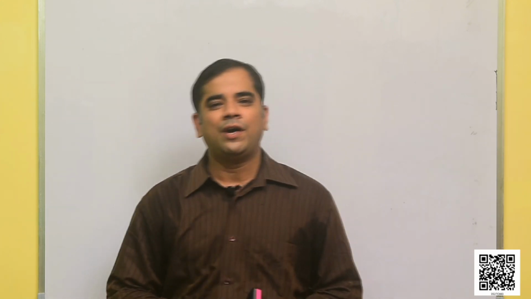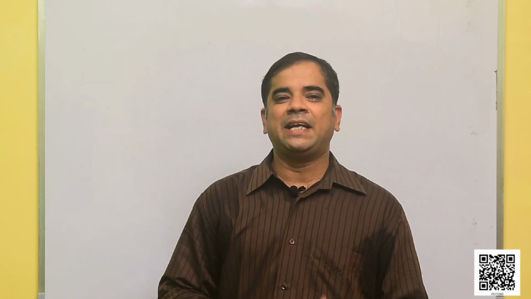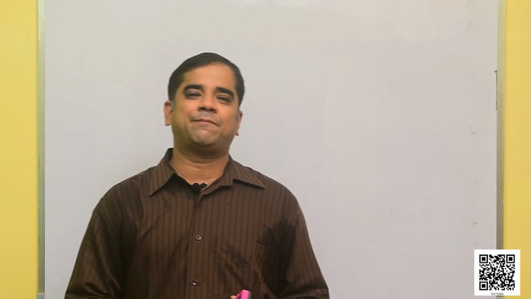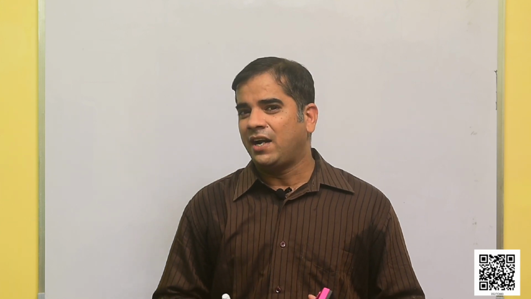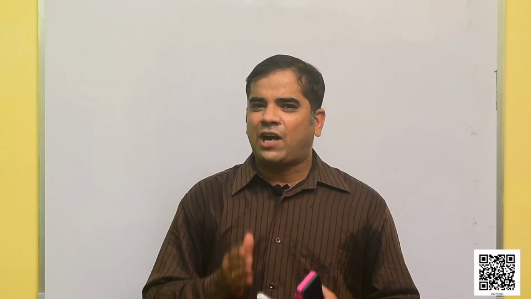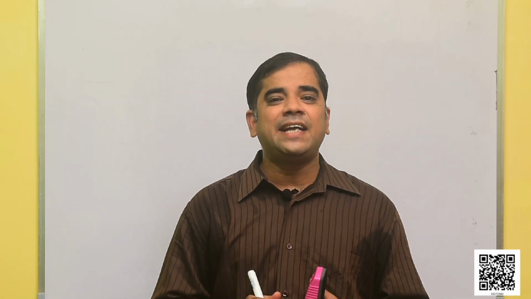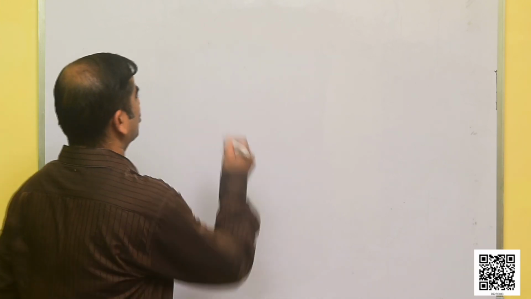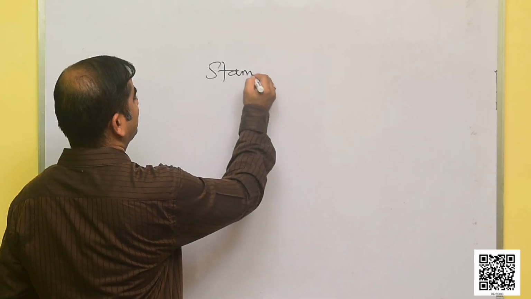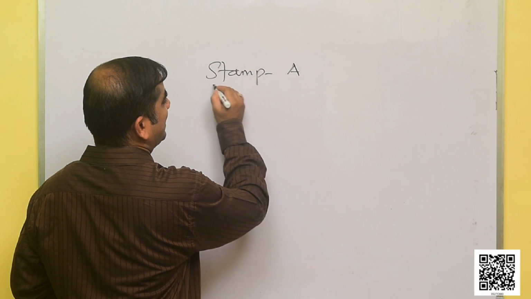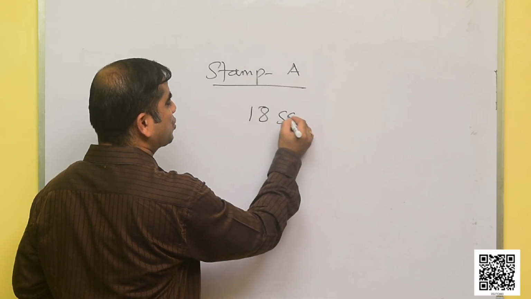Okay. So in your first question, it is being asked, what number of squares does stamp A contain? So can you count it? I hope so. If you count, you can find that stamp A has 18 squares.